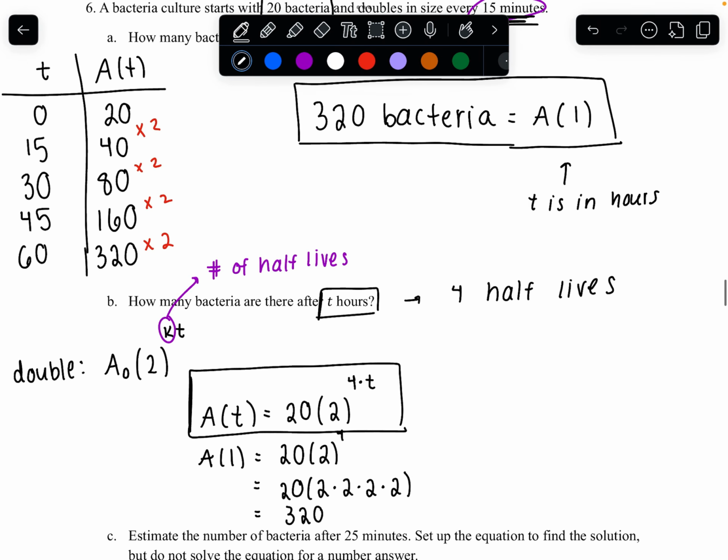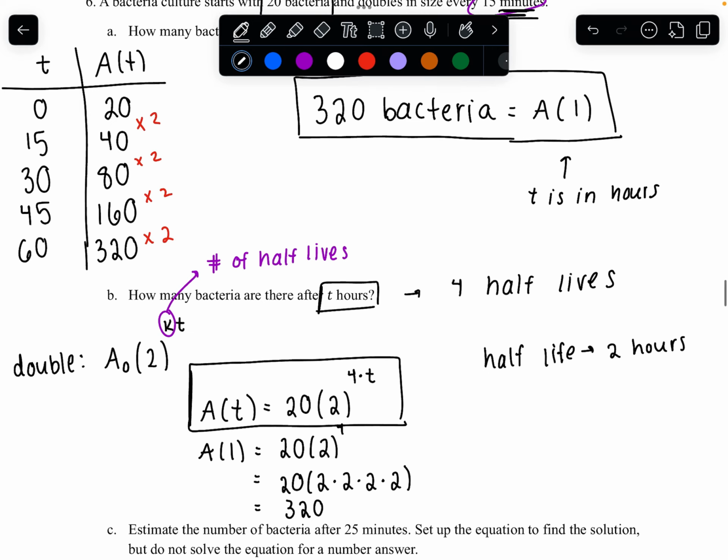For example, if your half-life was 2 hours and we want the equation for T hours, what's our K value going to be? 1/2. Does that make sense? Okay, hopefully it does. All right, moving on.